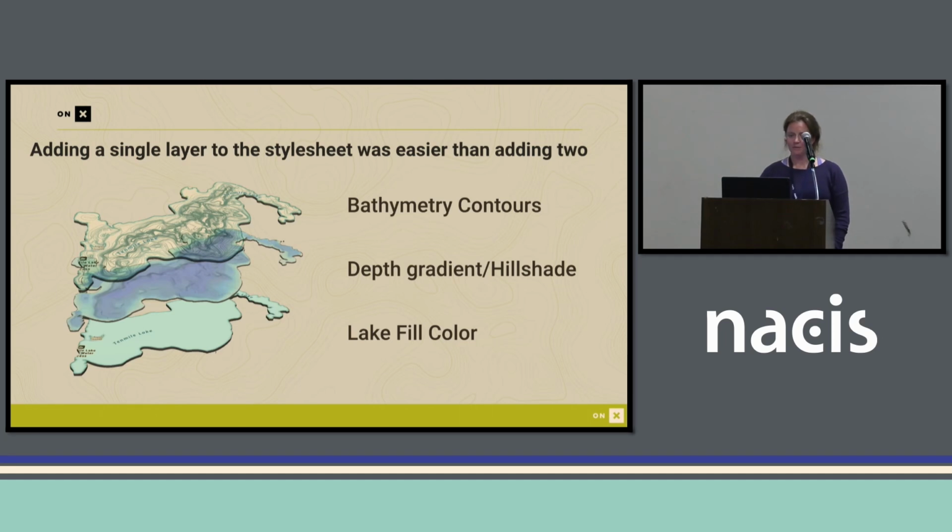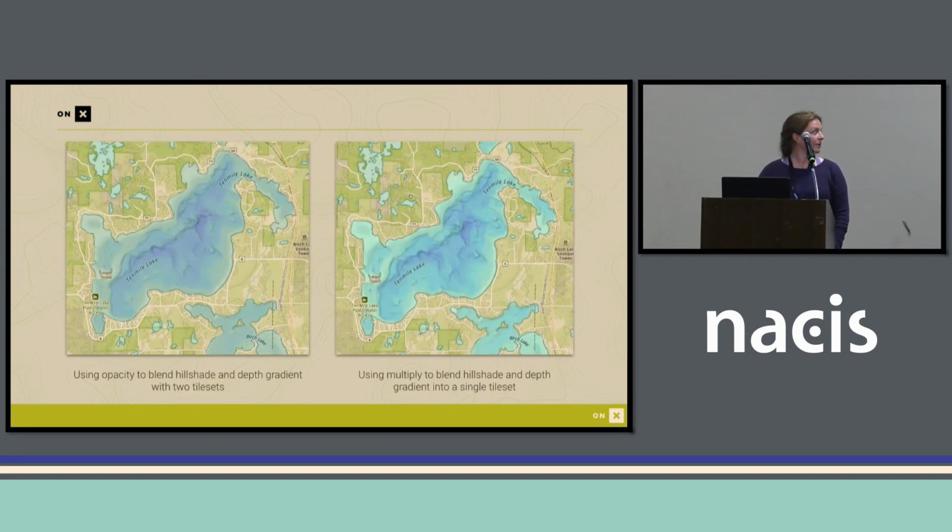I could fit it in with the lake colors and the bathymetry contours and get the colors to look much better. So this is a quick side-by-side view of the original with the 2 different tile sets and the final with the multiplied single tile set. You can see the colors are just way more vibrant, the shadows are clearer, and it just matches the other lakes that don't have bathymetry data much better.